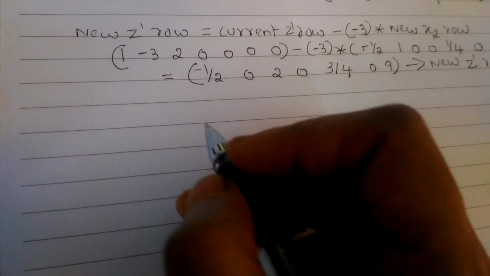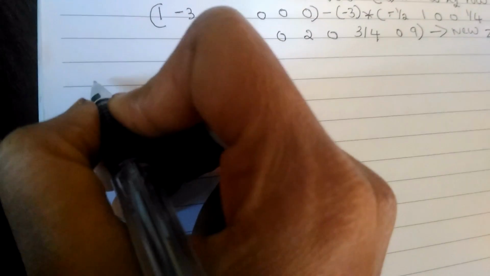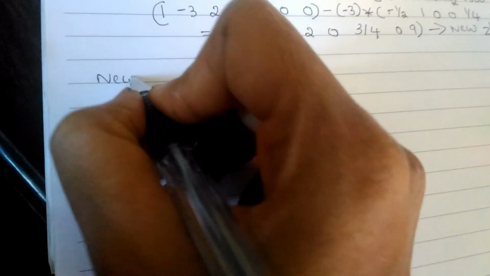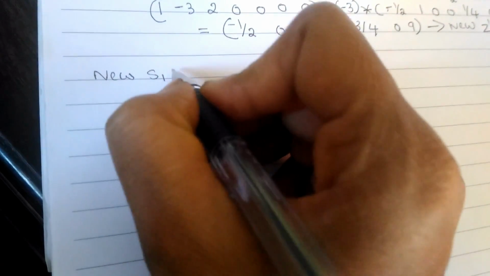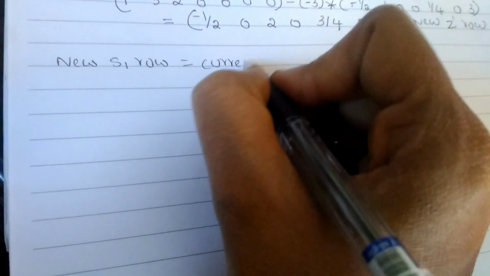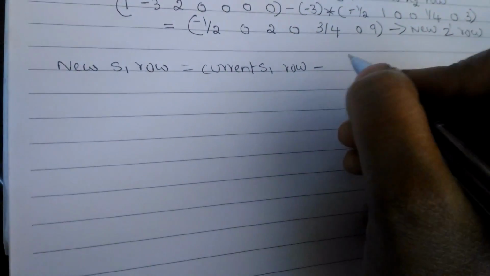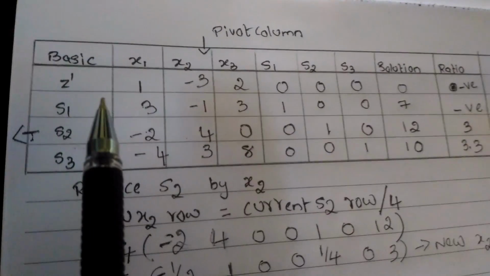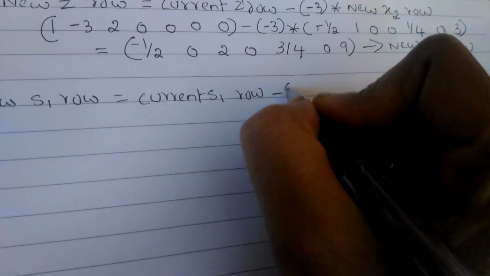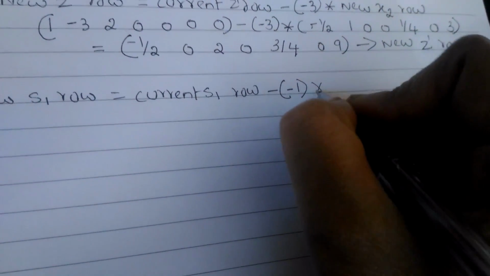Similarly, find out the values for the new S1 row and S3 row. We also have a formula to find out the values of the new S1 row. New S1 row is equal to the current S1 row minus the value of the pivot column for that particular row. The value of the pivot column for S1 row is -1. So it is minus of minus 1 multiplied by the new x2 row.